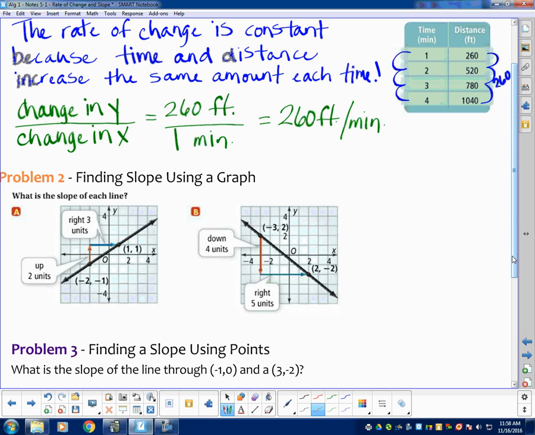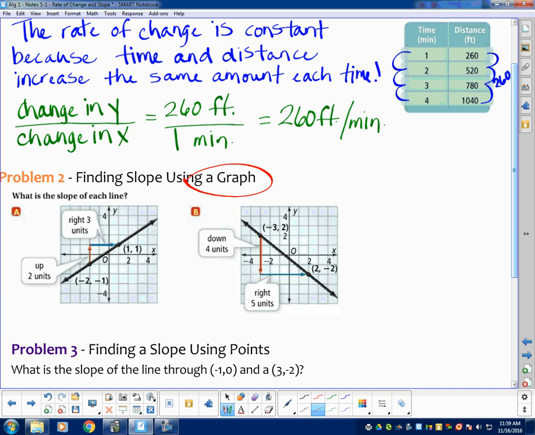Okay, now which of those, change in y over change in x or rise over run, which one do you think we're going to use if we have a graph?